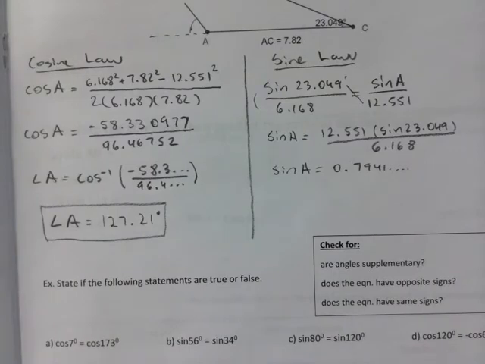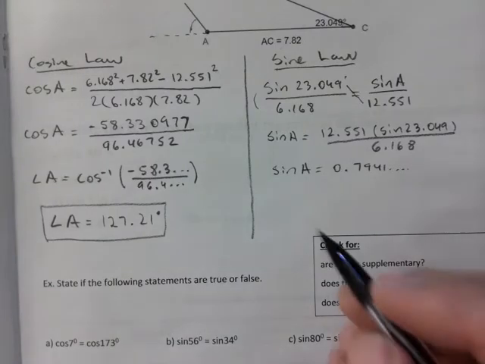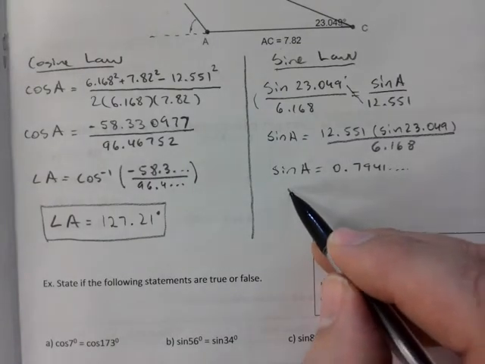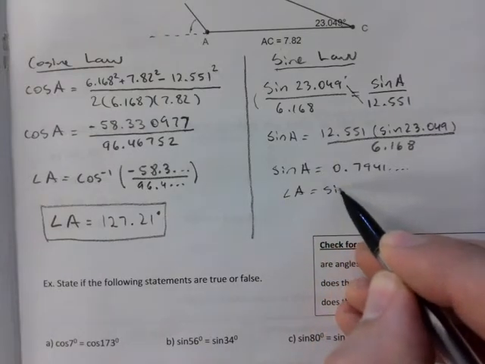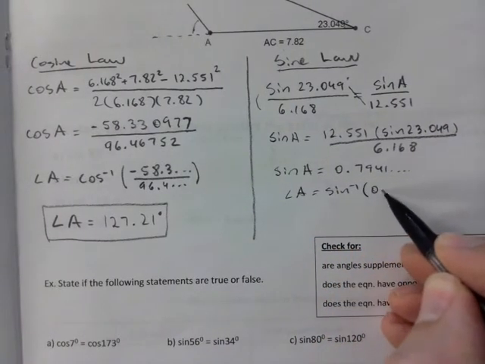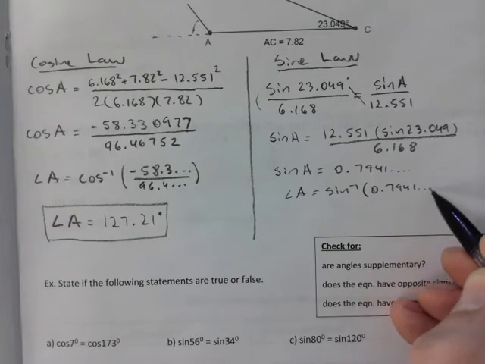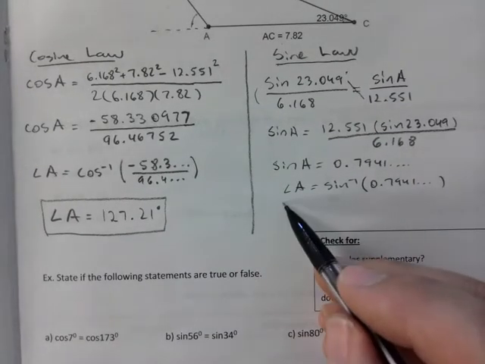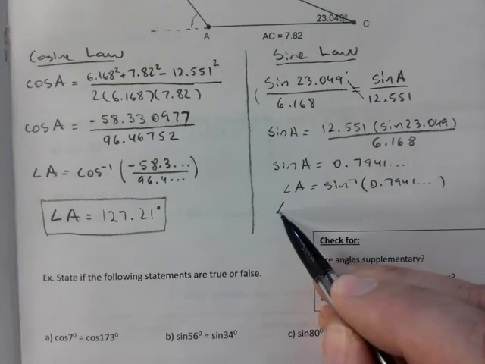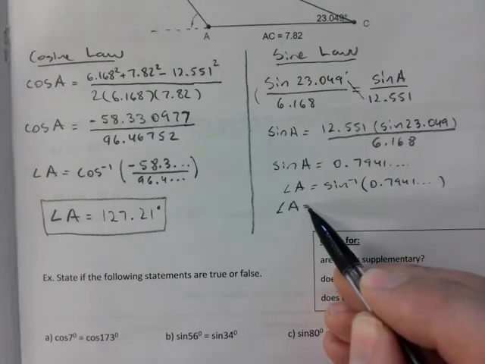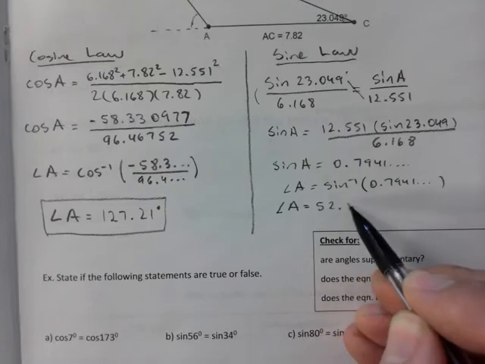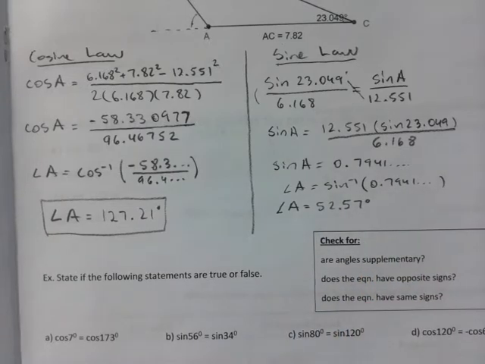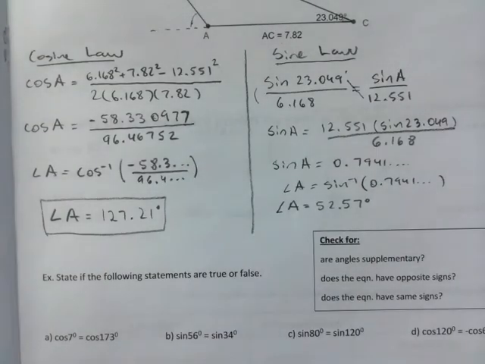It will never be negative. If it does, it's going to give you an error. So angle A is sine inverse of 0.7941..., right? I used all decimals. And so I get 52.57, right? You know already that that's wrong.